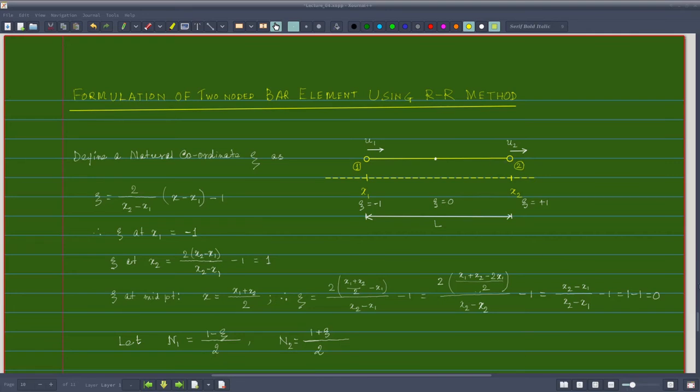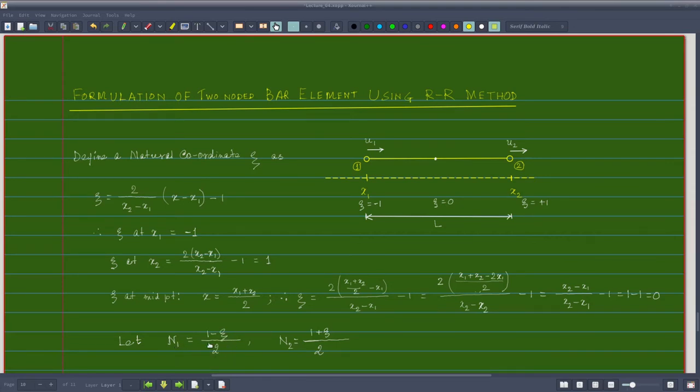Okay. Now we have already seen the concept of shape function in Galerkin's method. Here also the same concept will be used. Now let us define the shape function in terms of the natural coordinate.